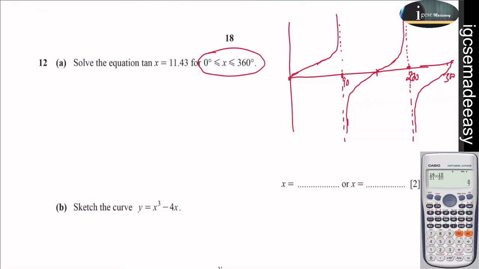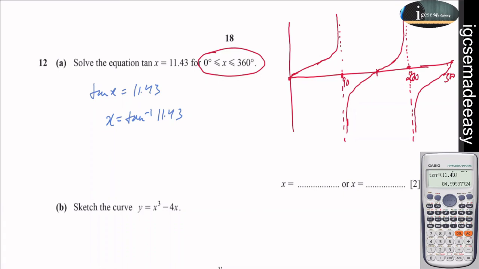Here they have given that tan x equals 11.43, right? So what is the value of x? One value of x we can easily find out. x is tan inverse of 11.43. Tan inverse of 11.43 gives you the answer 84.9.